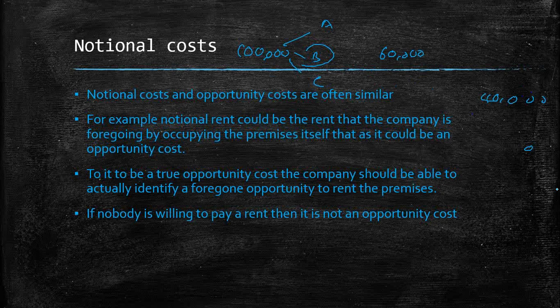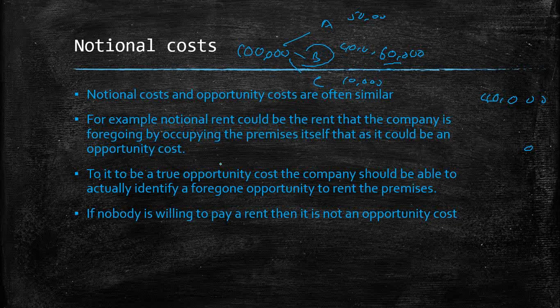Even though notionally, you may be charging rent of 50,000 to Unit A, 40,000 to Unit B and 10,000 to Unit C, by shutting down, if you can save in real cash flow terms from 100,000 to 60,000, then it becomes relevant. But if by shutting down you can't save, then it is a zero relevant cost.